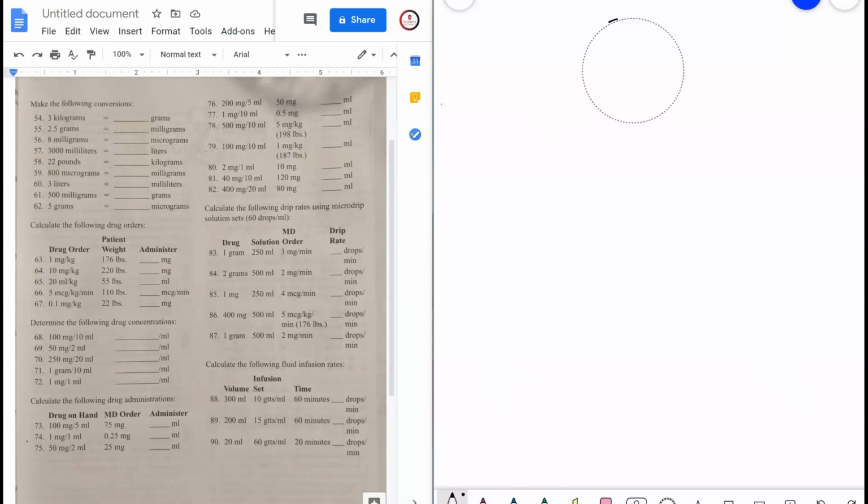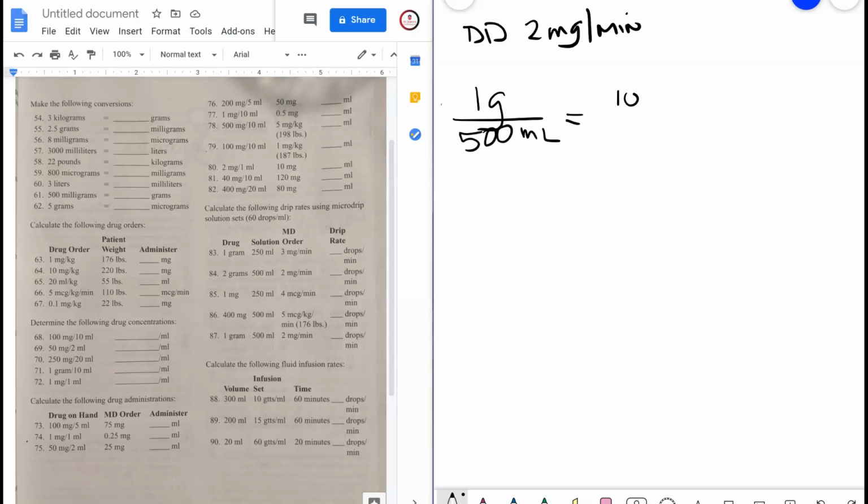Last one in this section, number 87. You have a desired dose of 2 milligrams a minute. You have 1 gram in 500 milliliters, which means that you have 1,000 milligrams in 500 milliliters. You're going to simplify this. So you have 10 milligrams in 5 mLs.